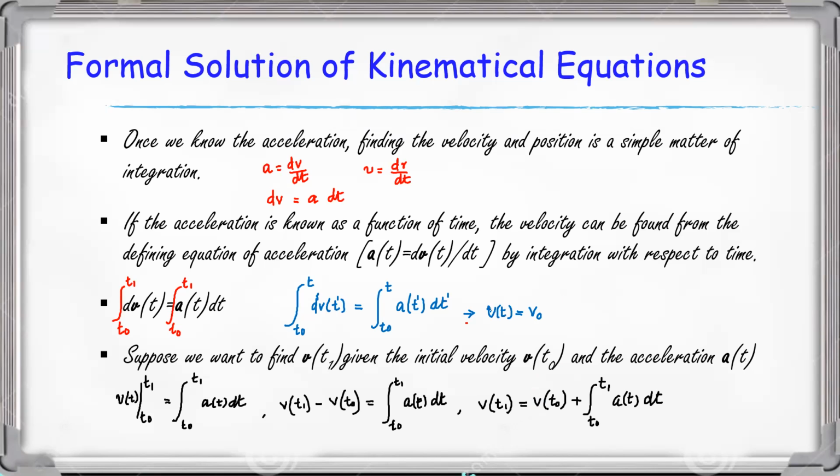Then v(t) is equal to v0 plus the integral from t0 to t of a(t') dt'. It is the expression for velocity at an arbitrary time t.